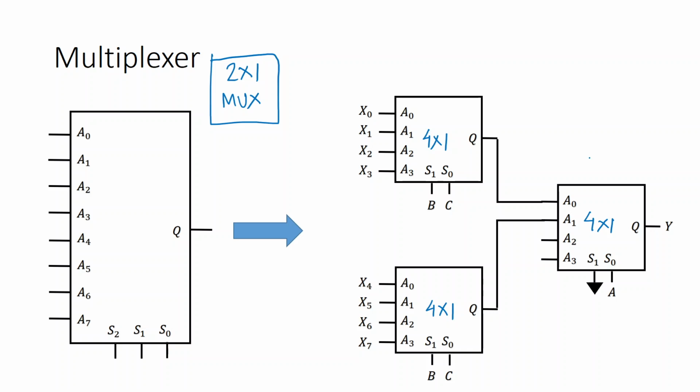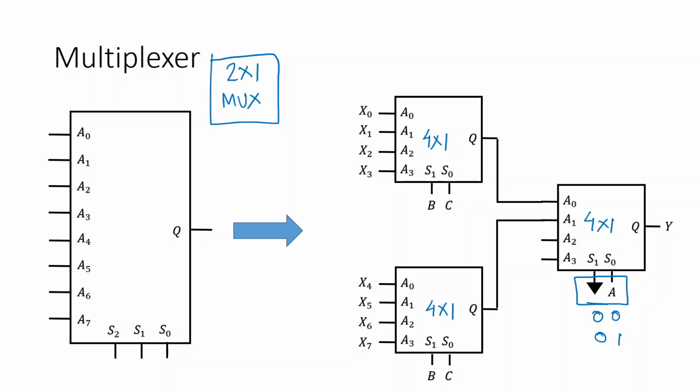However, now I am using 4x1 muxes here. So you see what happens here. Your A input is connected as the select input here, and S1 here is connected to ground. That means this has only two possibilities, 0 0 and 0 1.